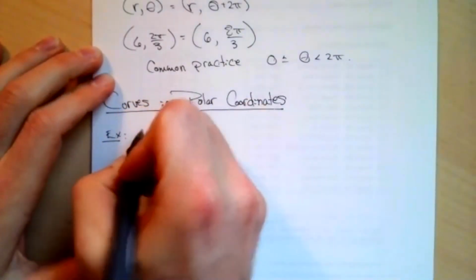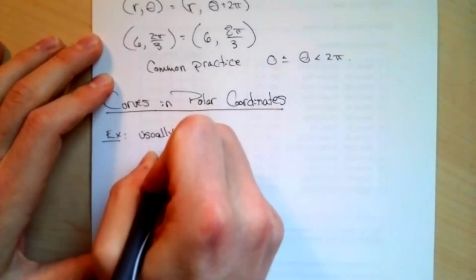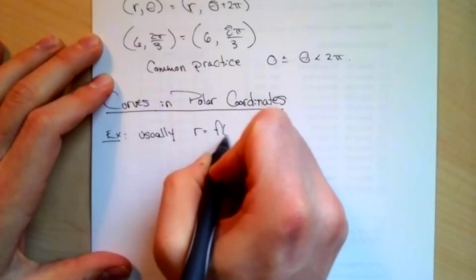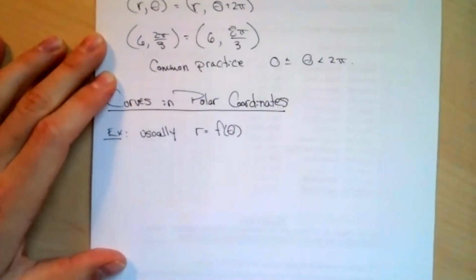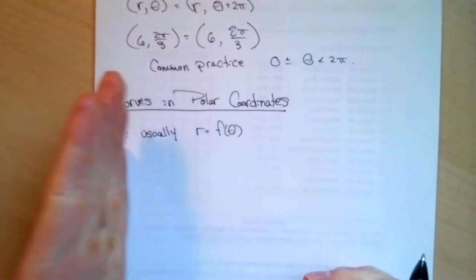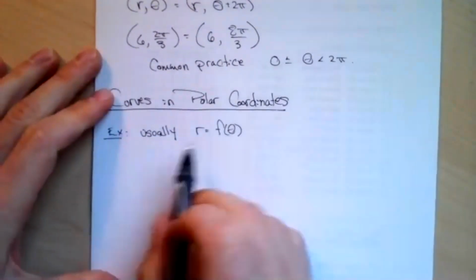If we have a curve, so usually we have our curves as r as some function of theta. So r is our dependent variable, the radius, and theta, the angle with which we're traversing around the Cartesian plane in our counterclockwise manner, is our independent variable.